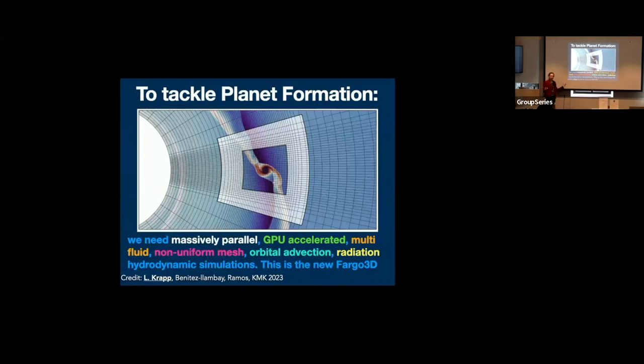So a Keplerian disk, right, is by definition a high Mach number flow, because the Keplerian velocity has to be much bigger than the sound speed, or else you wouldn't have a disk, you'd have a sphere. So the problem with high Mach number flows is that you have to do many, many time steps to advance your solution.